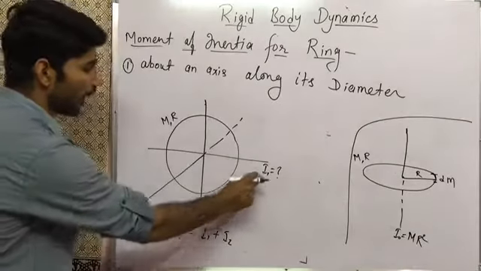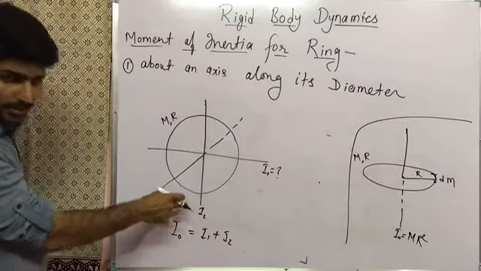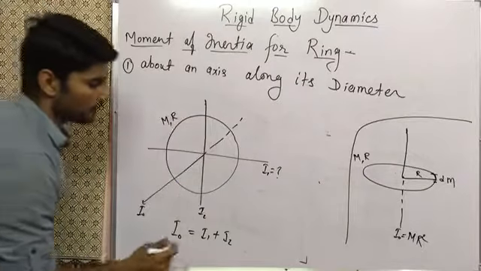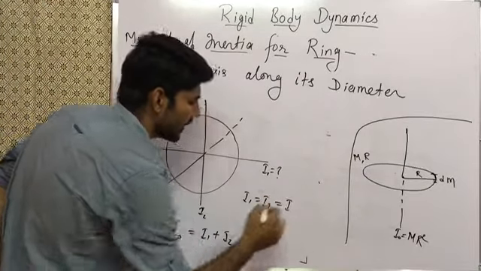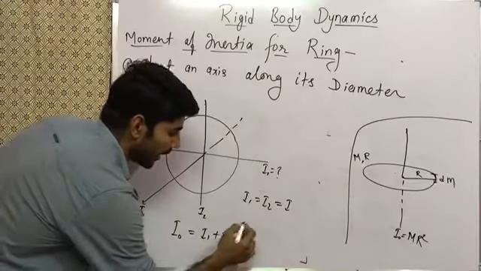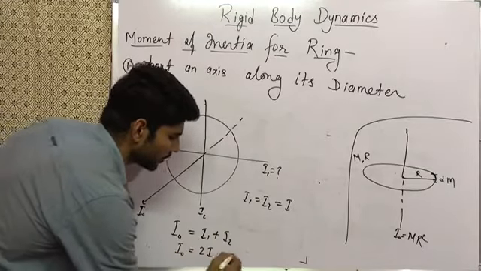Here I1 and I2 are similar: both are along a diameter and both are in the plane of the ring. So I1 equals I2, and we can write I. So I1 plus I2 becomes 2I.